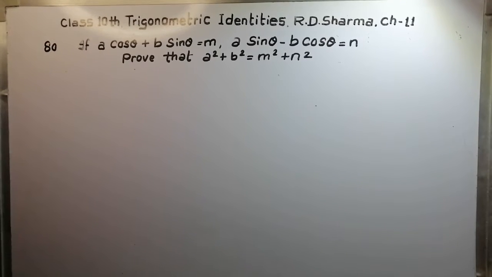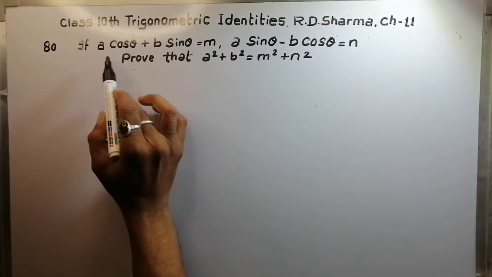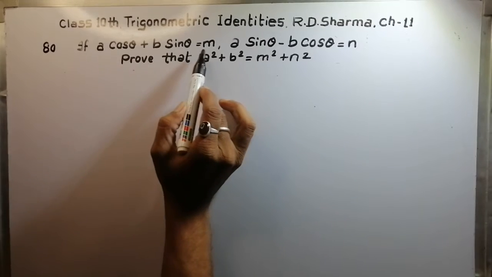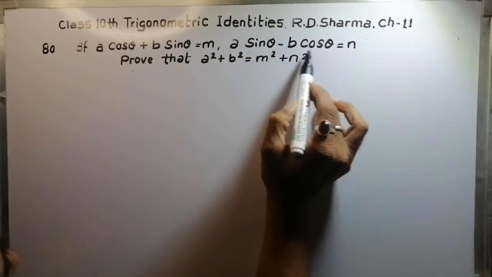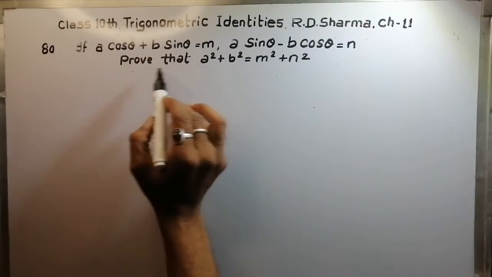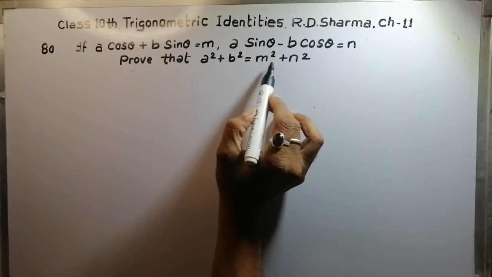In this question 80, if a cos theta plus b sin theta is equal to m and a sin theta minus b cos theta is equal to n, then prove that a square plus b square is equal to m square plus n square.